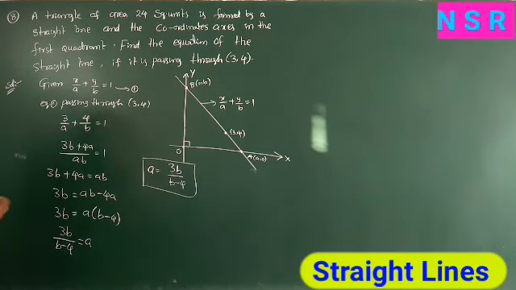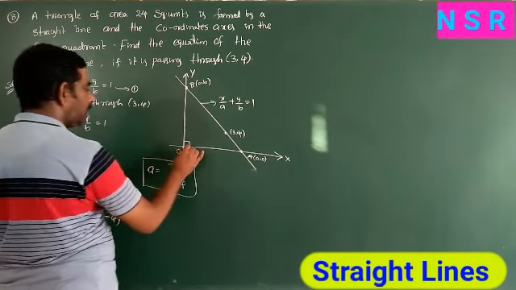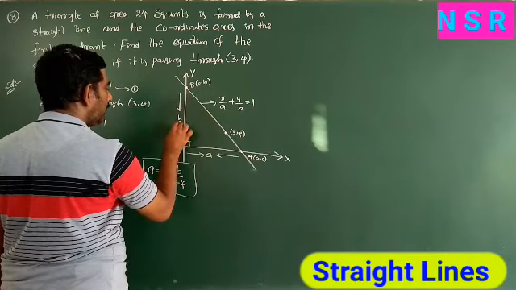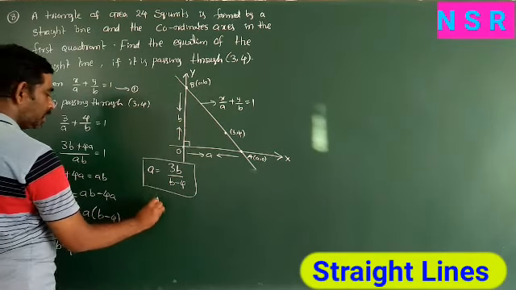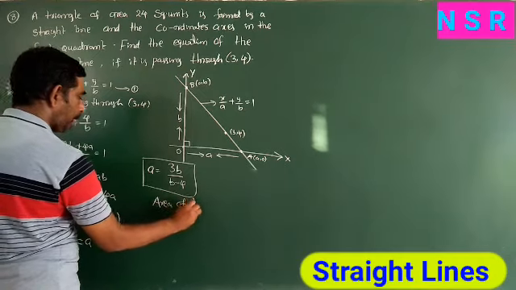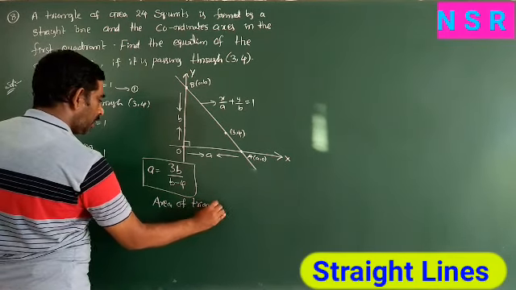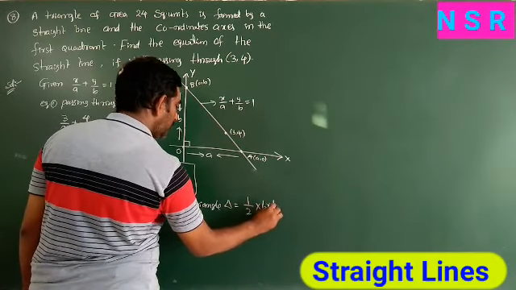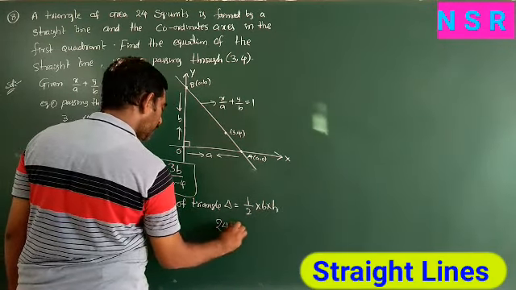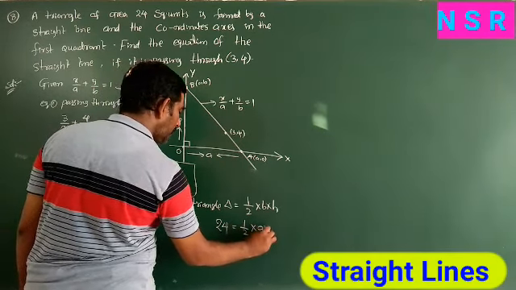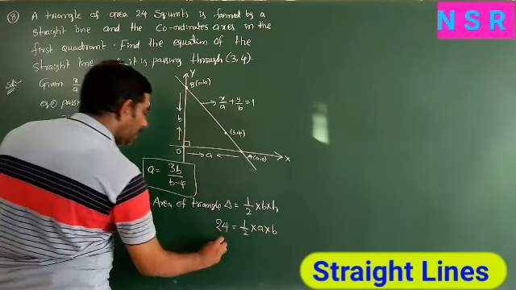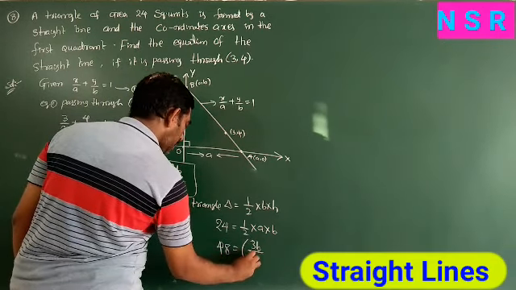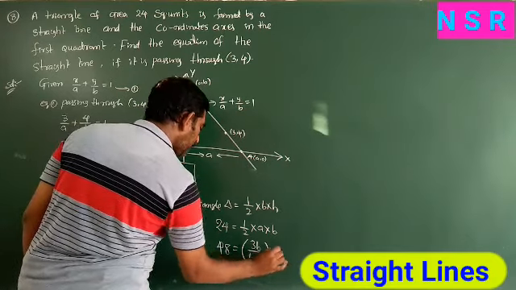And again, another condition given here is that the area of the triangle is 24. This is a and b, so the triangle has a base and height. The area of the triangle delta equals half into base into height. Given delta equals 24, so 24 equals 1 by 2 into a into b. Multiplying by 2, 24 into 2 is 48, equals a, which is 3b by b minus 4, into b.